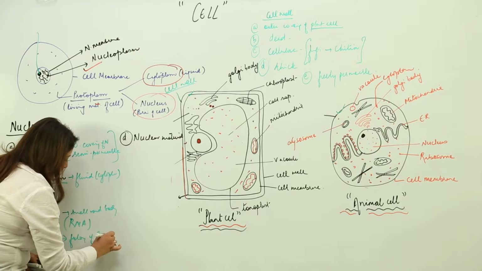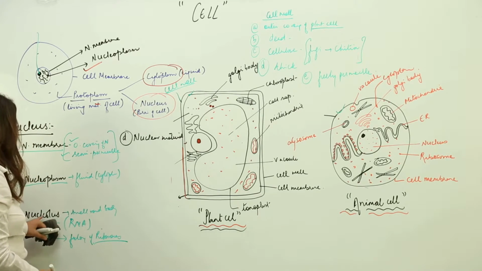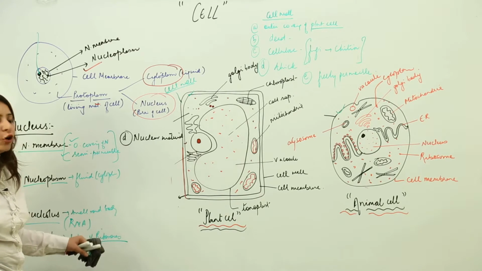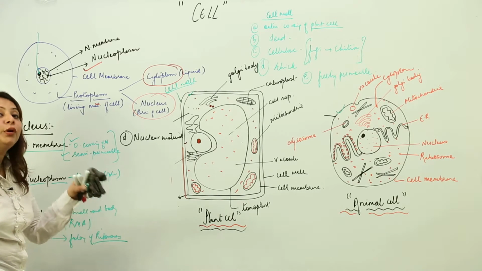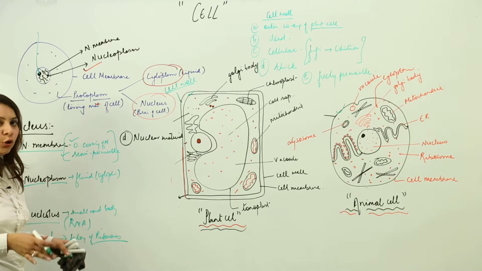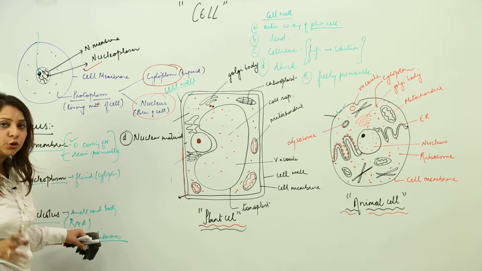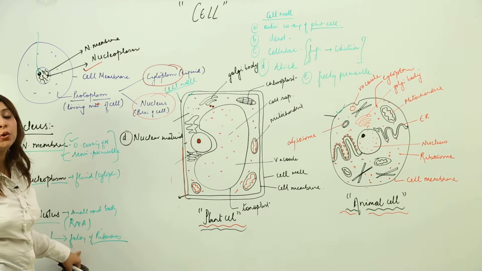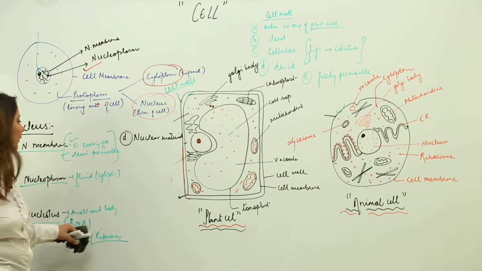It helps in the synthesis of an organelle; we'll do later what organelles actually are. The nucleolus is a factory of ribosomes because it produces ribosomes for the cell, and ribosomes again are factories of proteins because they produce proteins for the cell. So you just need to know that the nucleolus is a small round body having its own genetic material, RNA, and it is called the factory of ribosomes as it produces this organelle.